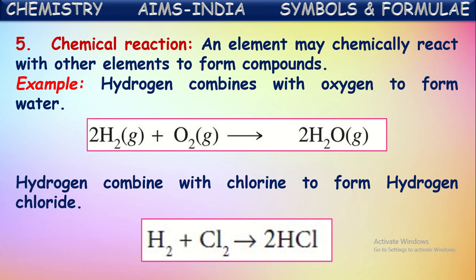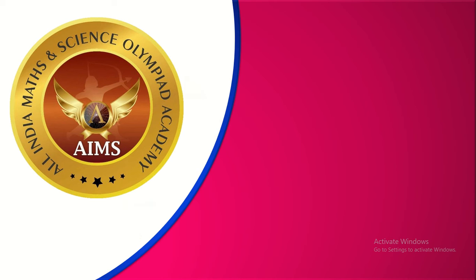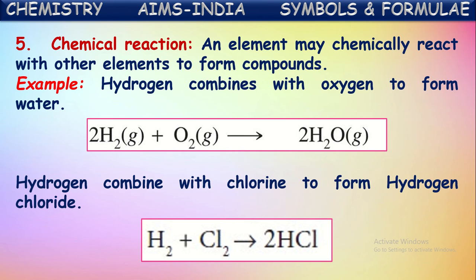Each and every element has its own symbol. No two elements have the same symbol. So do we know the scientist who proposed these symbols which we are following now? Who was that? Berzelius. Before Berzelius, some other scientists also tried to give symbols for the elements, but they failed.